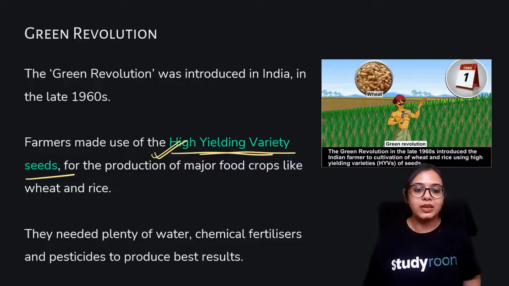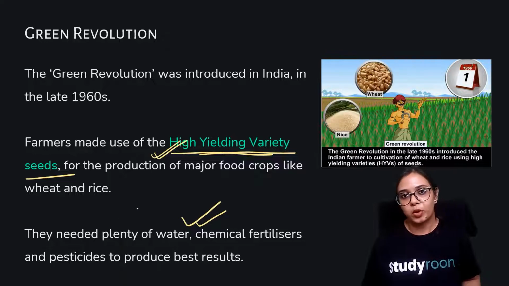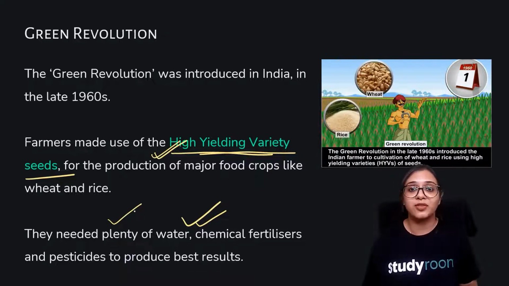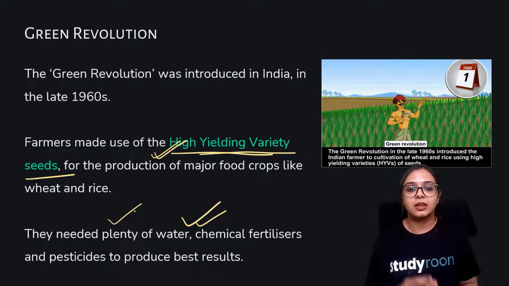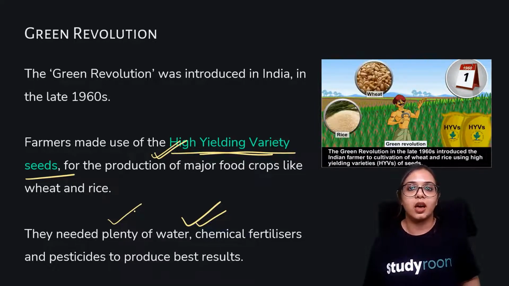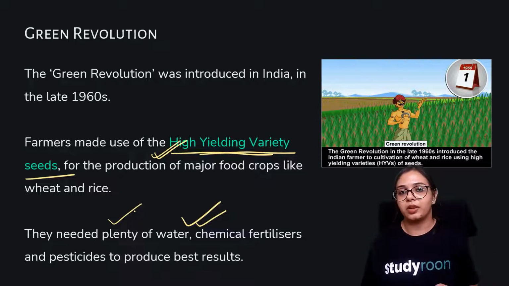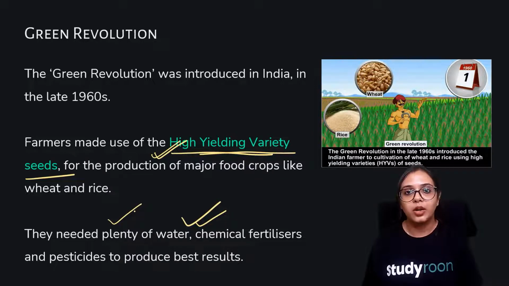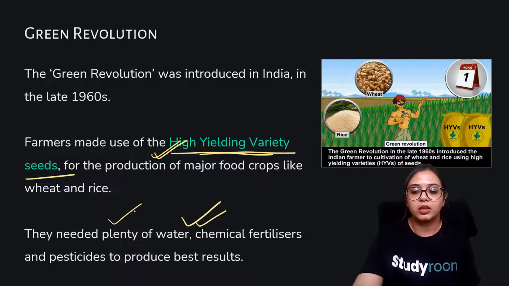So there is an increase in the amount of fertilizers. It needs more water, because water is required for growth of a plant, you know this. So to produce best results, we need plenty of water, we need chemical fertilizers, and also we need pesticides to get rid of infestations by rats and other organisms.